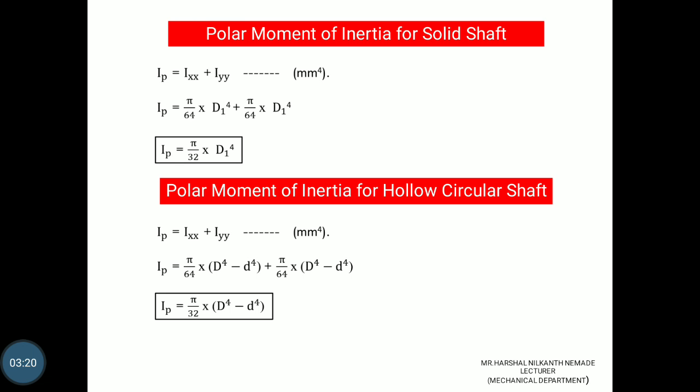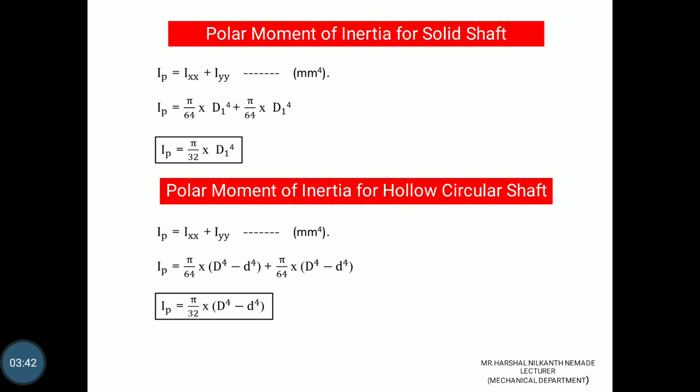Polar moment of inertia for a solid section. IP is equal to Ixx plus Iyy. IP is equal to pi divided by 64 multiplied by d raised to 4 plus pi by 64 multiplied by d raised to 4. So I will get final IP is equal to pi by 32 multiplied by d raised to 4.